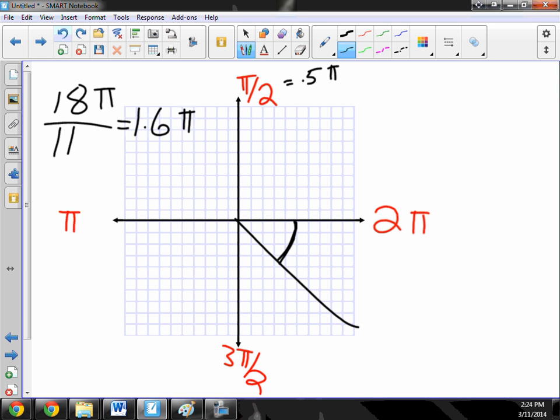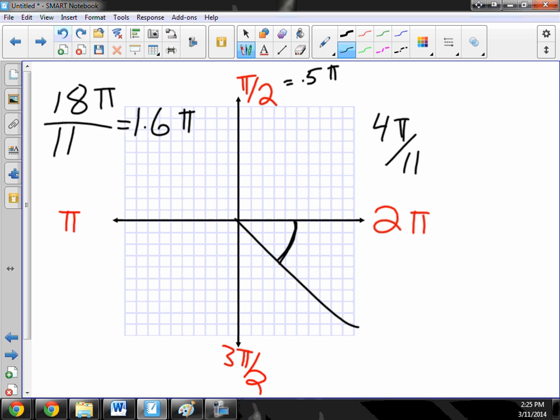How much more do I need to reach 2? Well, what would 2 pi be in 11ths? 22 over 11 pi. So how many 11ths do I need to turn this into 22? To turn 18 into 22, you need 4 11ths. So the reference angle is 4 pi over 11.